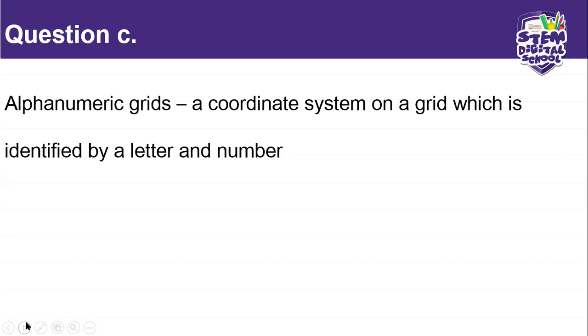A coordinate system on a grid which is identified by a letter and number. That's why we have alpha from alphabet, so it's for the letter, numeric for the number. So we call these grids alphanumeric grids. I hope you're correcting.